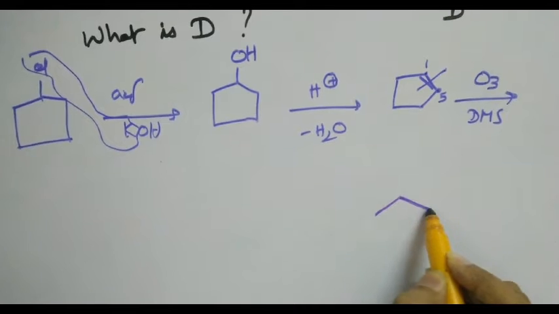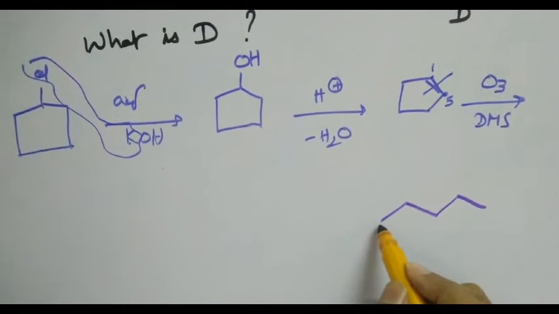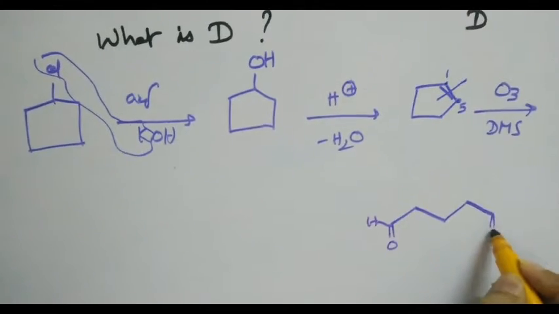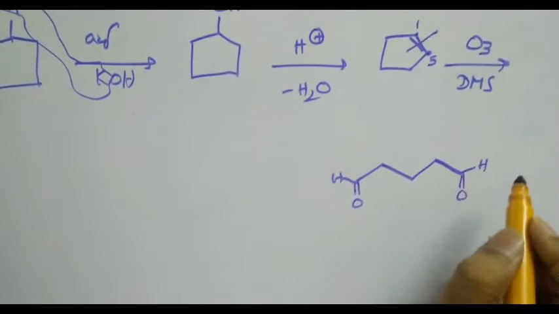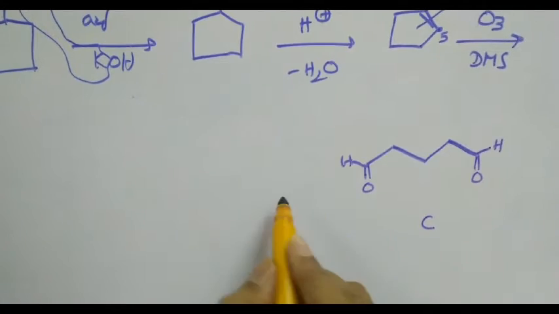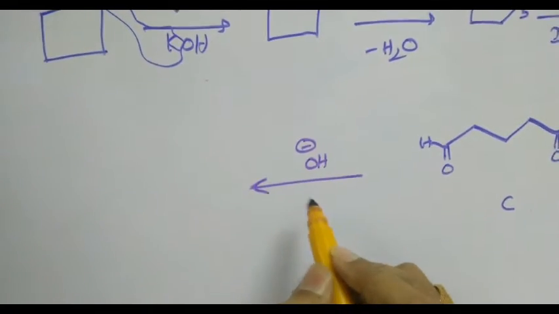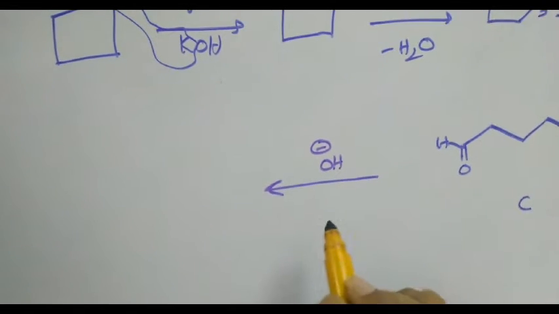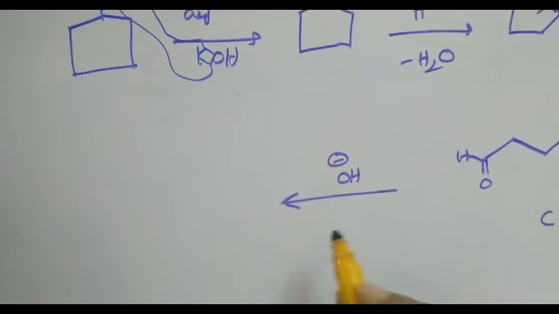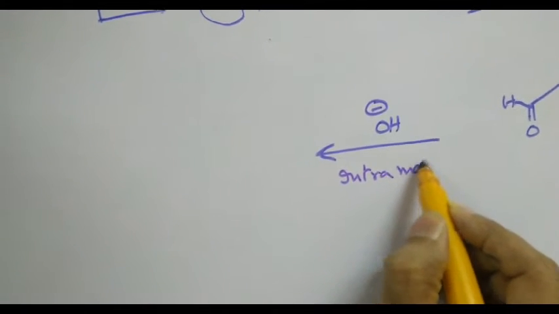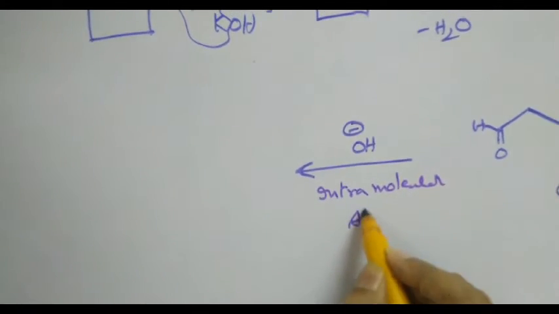So 1, 2, 3, 4, 5 carbons, and at the first carbon I have an aldehyde group, and also at the fifth carbon I have an aldehyde group. This is C. Now this is treated with a base, very important, a dilute alkali. Now what is happening? This is an intramolecular aldol condensation.